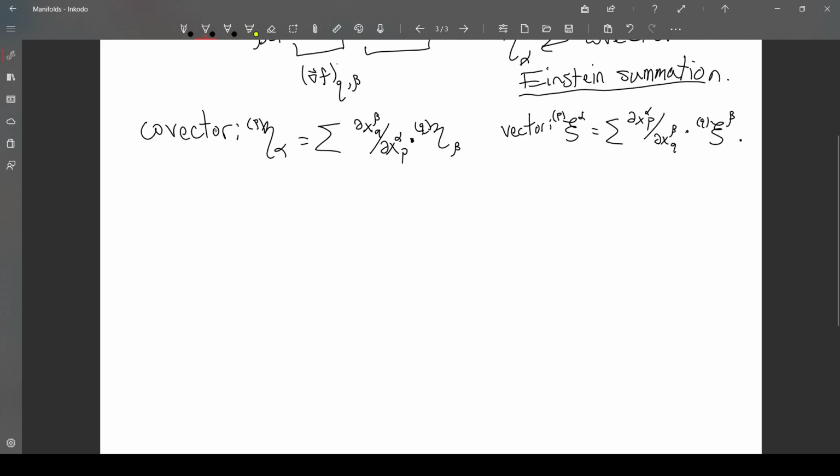So now let's look at something else, which is called the total derivative of a function. You may have also seen this in a multivariable calculus class, where we have something like this, where again alpha is being summed over the dimension.